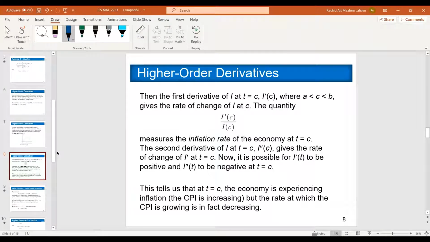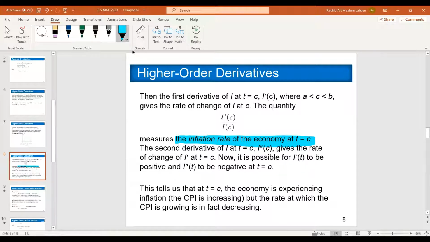So when you want to find the inflation rate of the economy at a given year, that's how it's calculated. The second derivative gives the rate of change for I prime, and it is possible for I prime to be positive and I double prime to be negative. This, of course, will tell us how the initial curve changes.